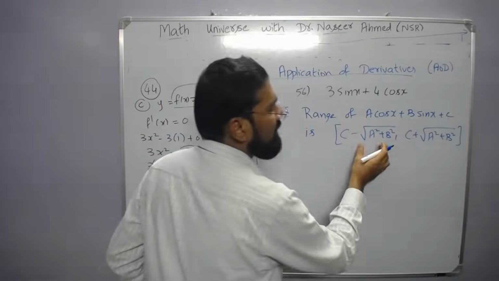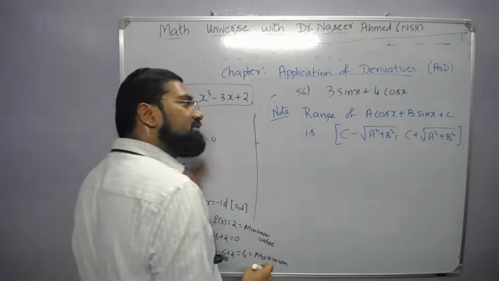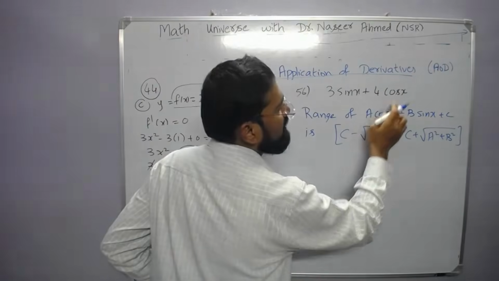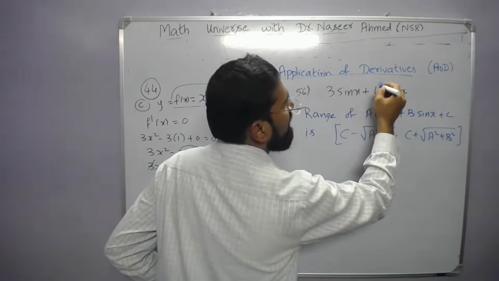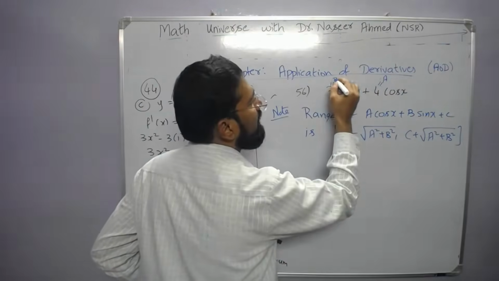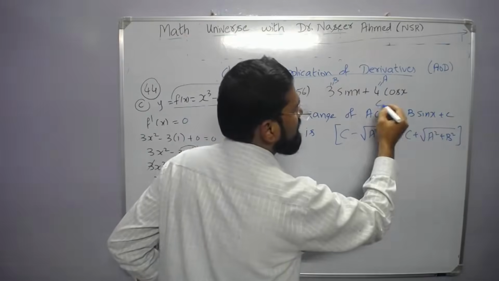This will be the least value, this will be the largest value. So since let's find both, let's have a practice of both. Now see, a is the cos multiple, so the cos multiple is 4, so this is your a value. b is the sin multiple, 3, so this is your b value. And in this entire expression there is no c, so c is equal to 0.